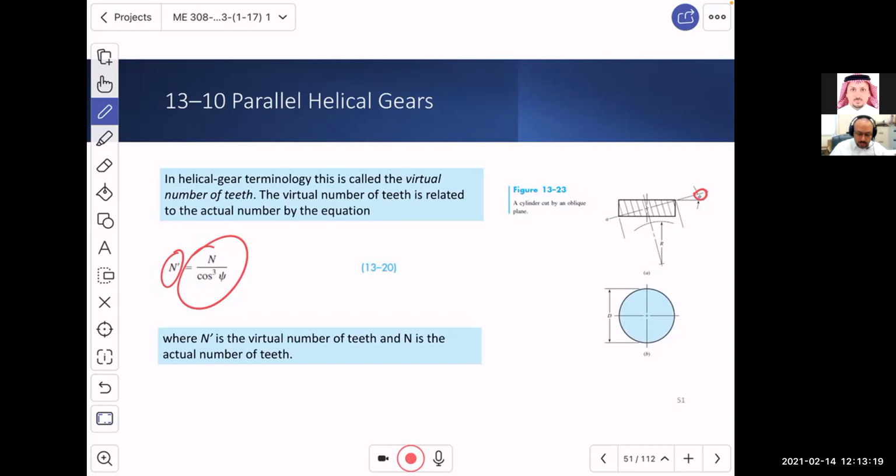I believe that to some extent, this virtual gear is like a bridge to transform from a helical gear into an equivalent spur gear. I think this is just a little approximation to start with something and then build on it. Do you understand? It's better than starting from scratch.